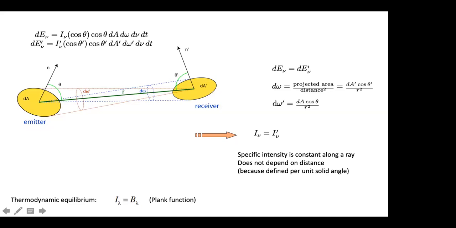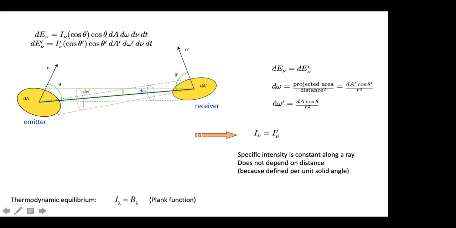And I also mention here, because we will possibly use it later, much later surely, when we talk about local thermodynamic equilibrium, just a mention. It's easy to see that the specific intensity in the case of thermodynamic equilibrium is the Planck function, that you must know, of course. The Planck function is the emission of a black body. Why?